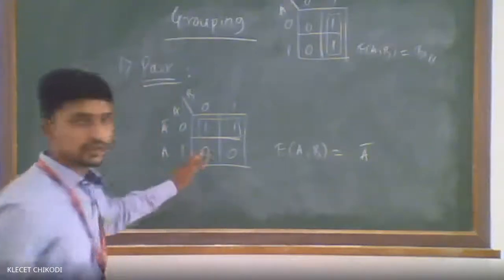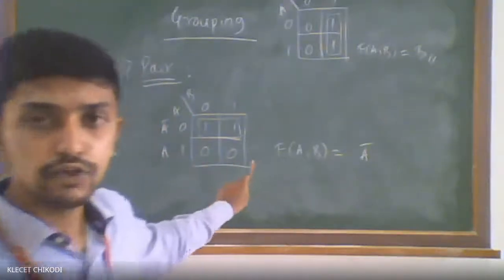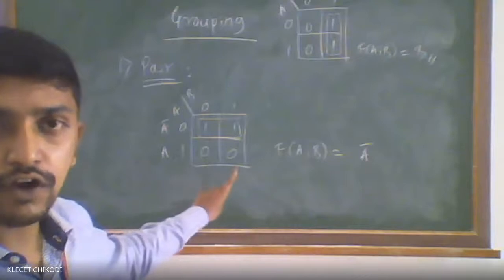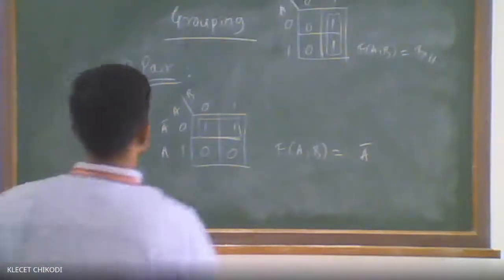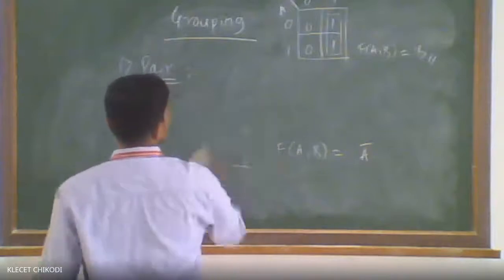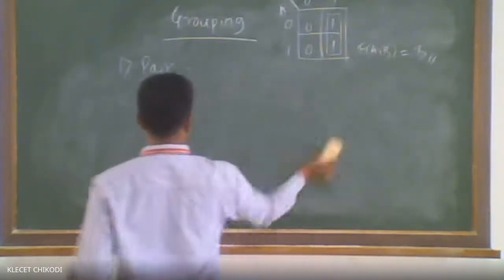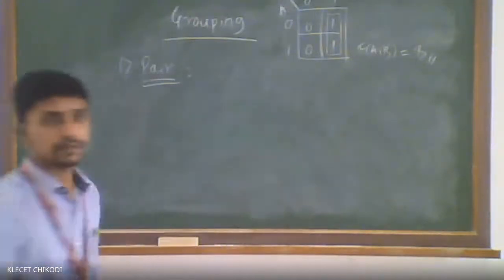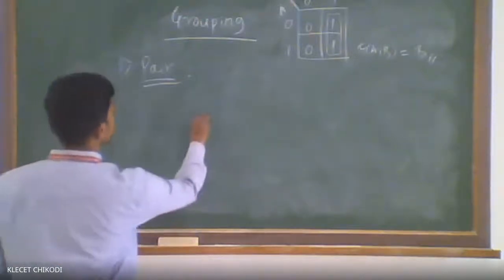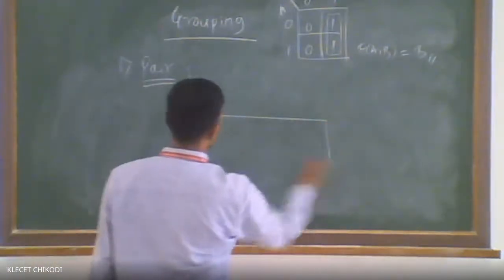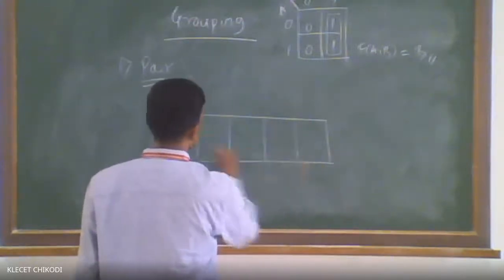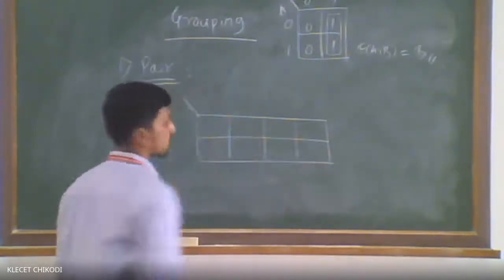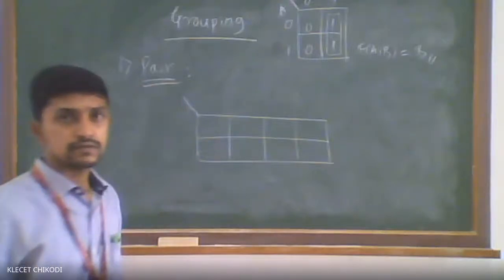Now this is a pair in a 4 cell K-map, or 2 variable K-map. Now we'll see how to make a pair in an 8 cell K-map, that is for 3 variables.